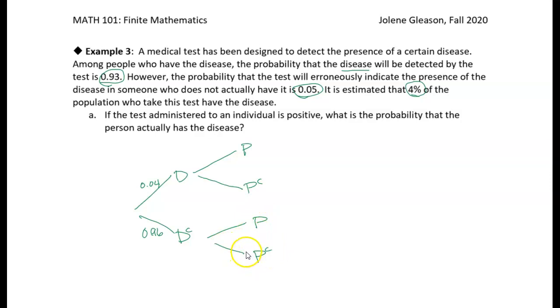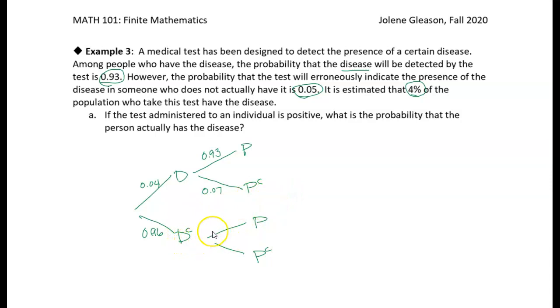Now, the probabilities are different, obviously. So if you have the disease, you have a 93% chance that this test will catch it and tell you correctly that yes, you have the disease. But that means that 7% of people who have the disease will go undetected. So they'll get a false negative.